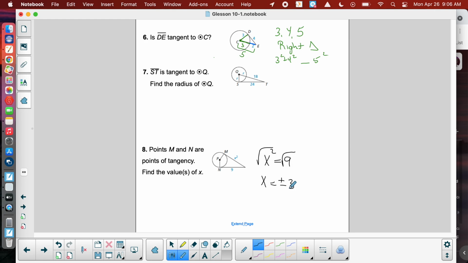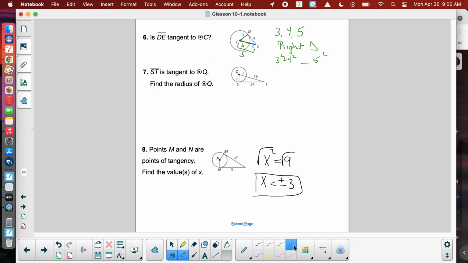Well, actually, x could be negative 3, now that I think about it. It's not the length, that's just the value of x. So actually, we can have both. Remember that when I take square roots like that, I do get the plus or minus 3. Negative 3 would work for a value for x here because negative 3 squared is 9. We still get a positive length even though the value of x is negative.